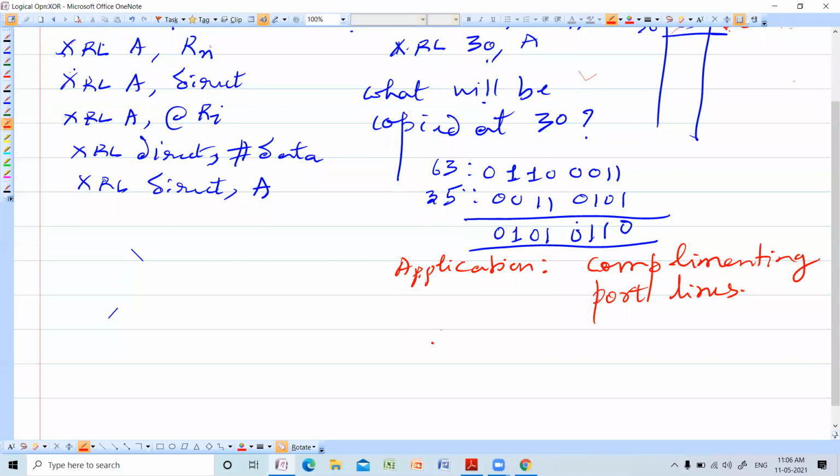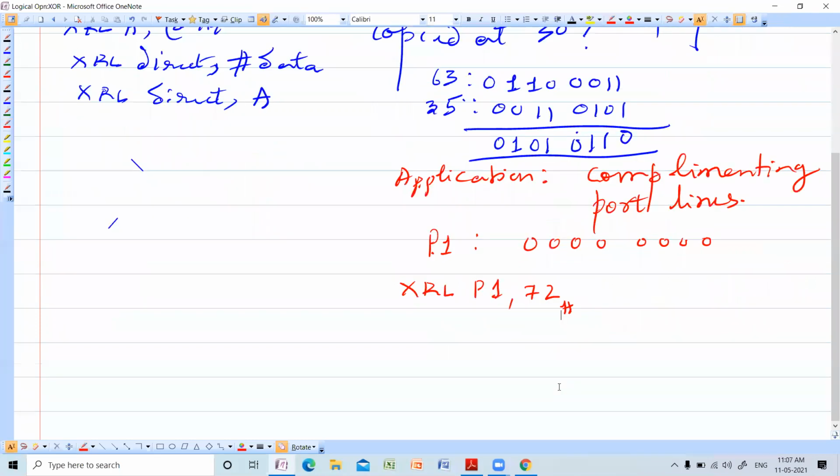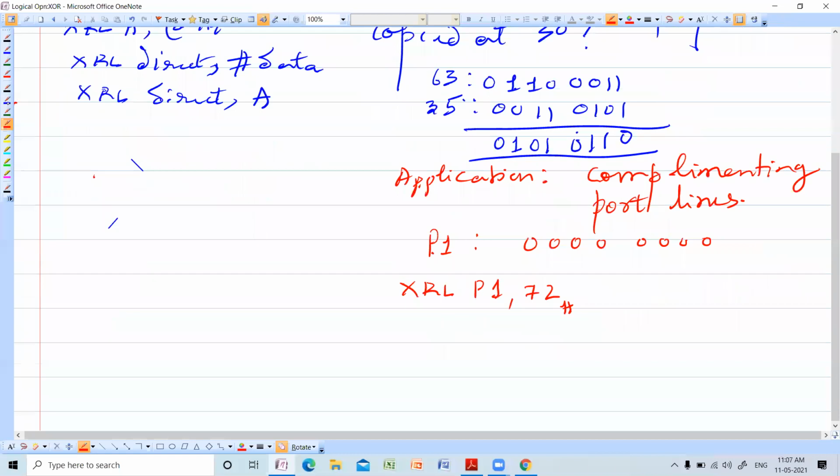See, suppose the port lines are all 0, and I write XRL P1, #72H. What will happen? You can just see what will happen.